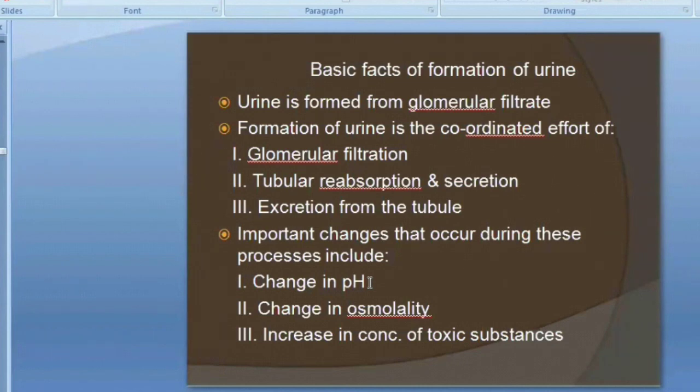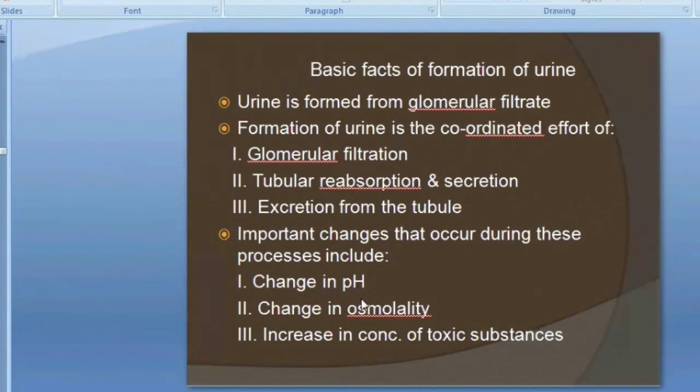What is the pH of urine? The pH of urine is 6.4 to 6.7, like this. Okay. So definitely, if it is below 7, then it is acidic. Then the change in pH occurs during the process of formation of urine.